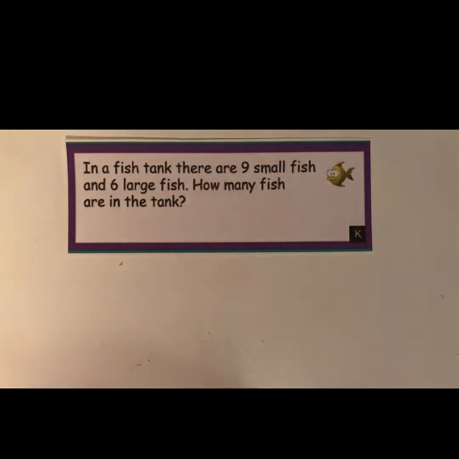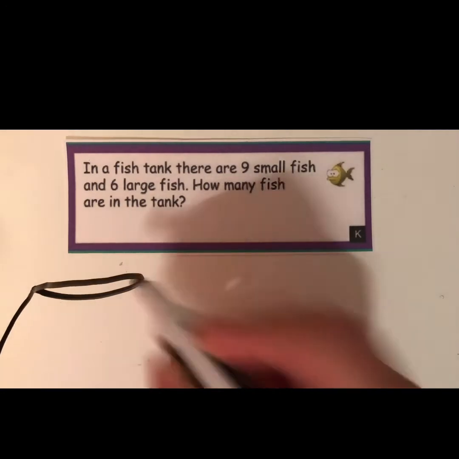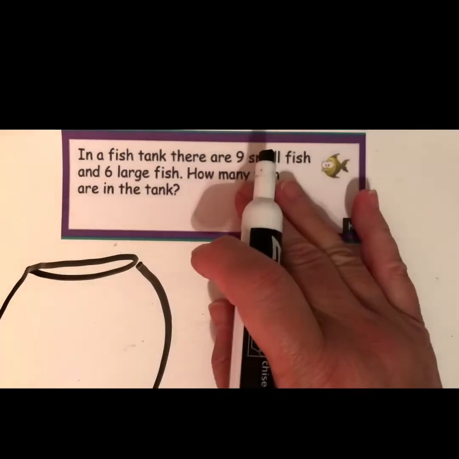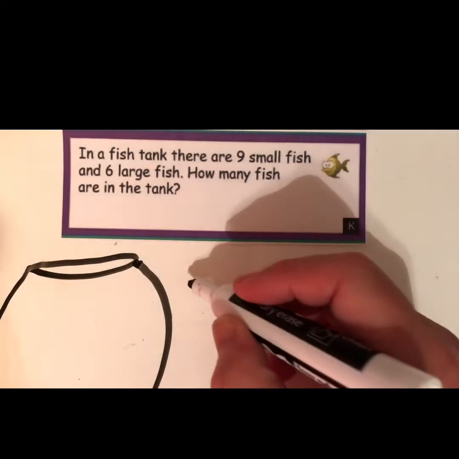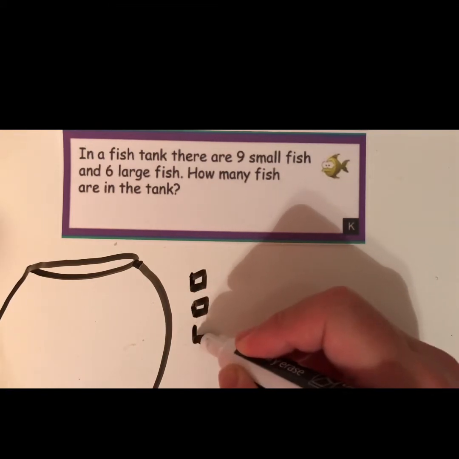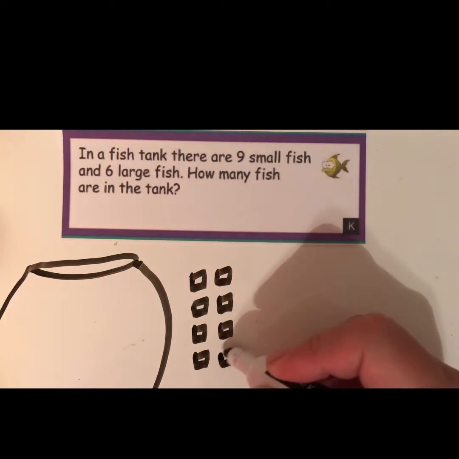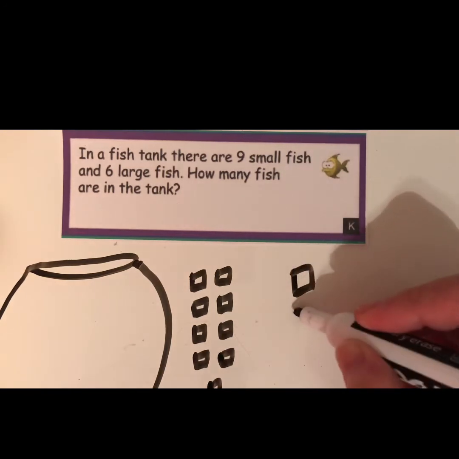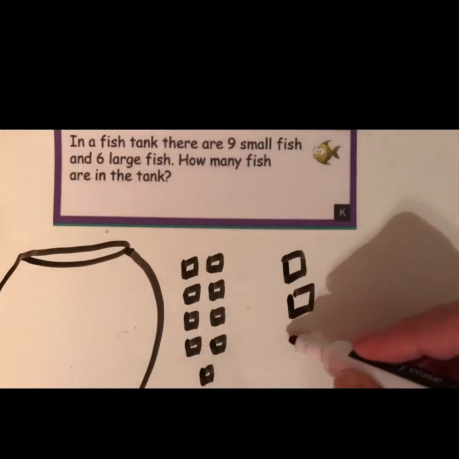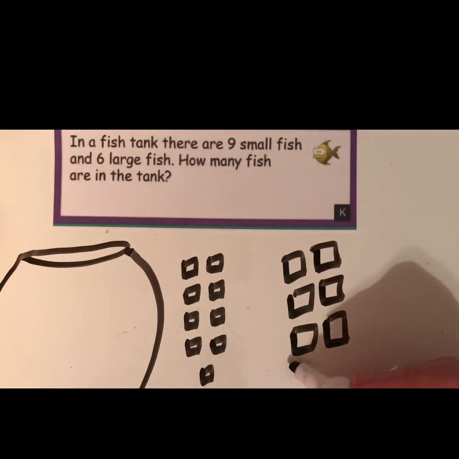So I like to start by thinking, okay, here's a fish tank, and I know that in the fish tank there are 9 small fish. I don't even have to draw fish if I don't want to. I could just draw some squares. There are 9 small fish, and there are 6 large fish. So see, I'm drawing these a little bit larger. Oops, I drew one too many.